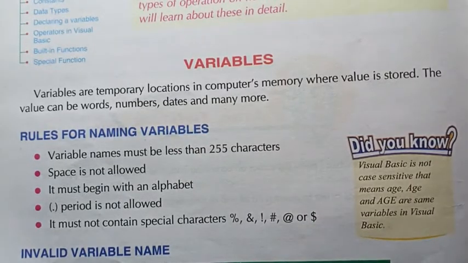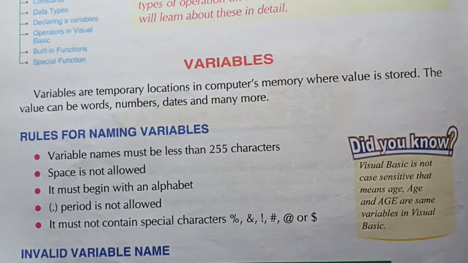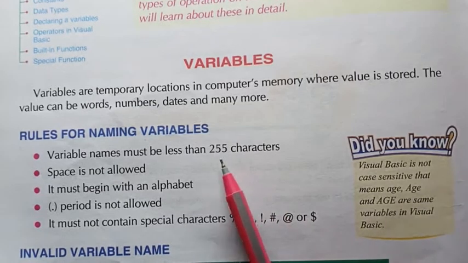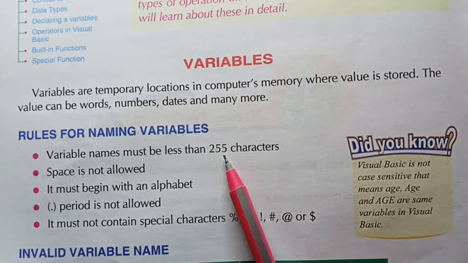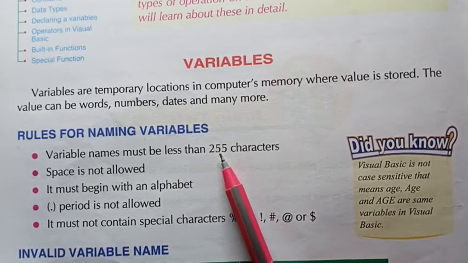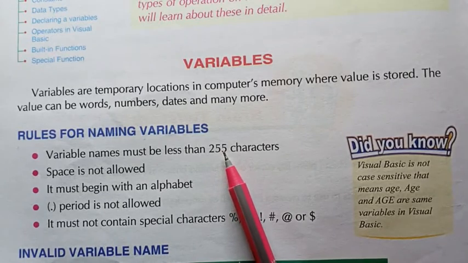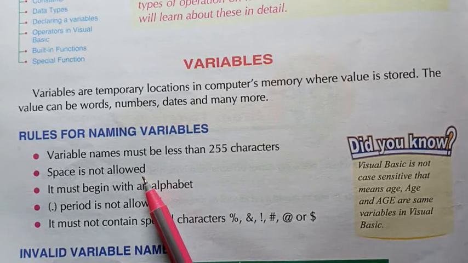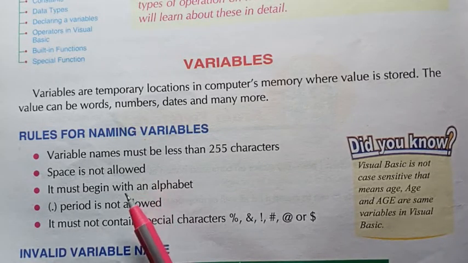Now there are certain rules that we need to follow for naming a variable. The first rule is that the variable name must be less than 255 characters. In fact, 255 is also a lot. So you cannot use more than 255 characters for naming a variable. No spaces are allowed.